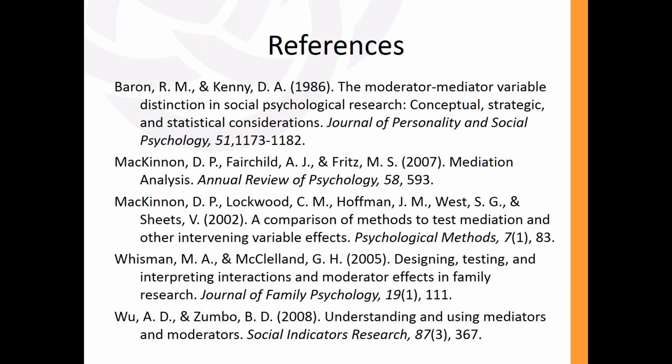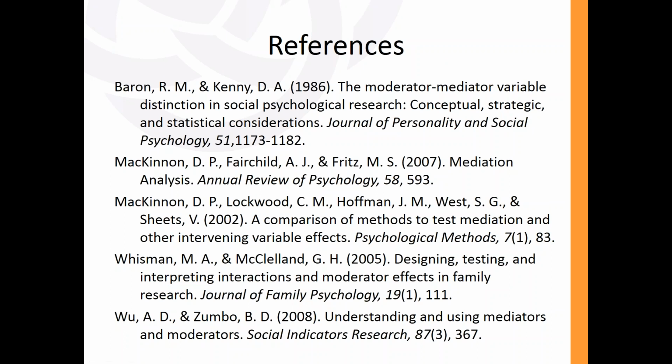And that's it. That's all I have. Here are the references, like I mentioned at the end of the presentation. Again, this Wisman and McClelland article is a very user-friendly way to look at moderation effects. Barron and Kenny from 1986 is basically canon. Everybody cites Barron and Kenny. It has been picked apart over the years, there have been improvements and small changes to it, but it is still a very important article that is really the foundation of all of this.